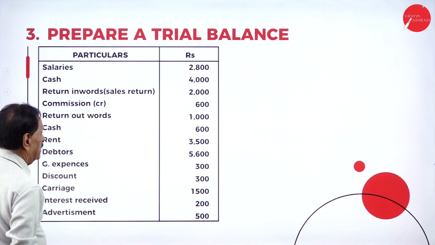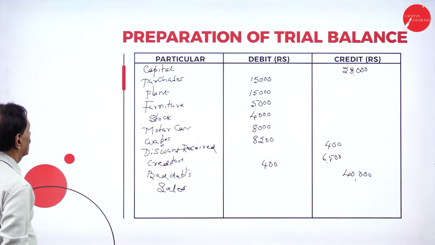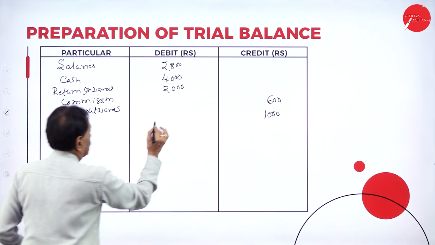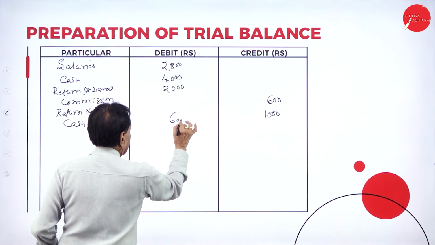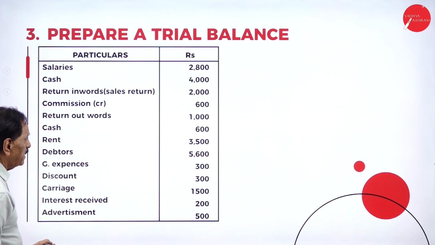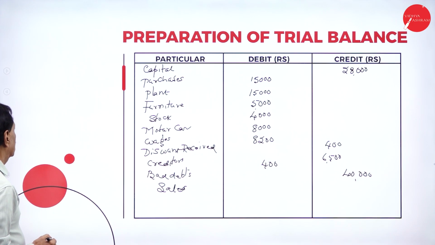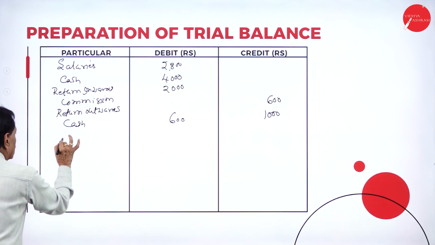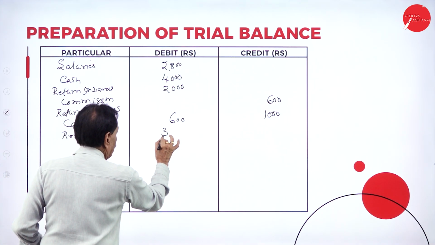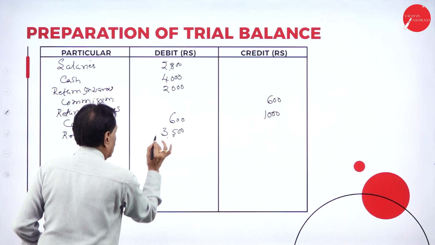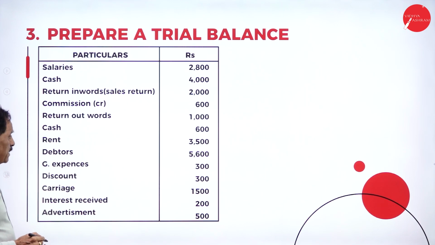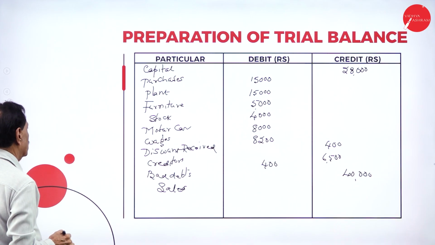Then cash. Debit side 600. Rent. Debit side, paid 3,500. Debtors.